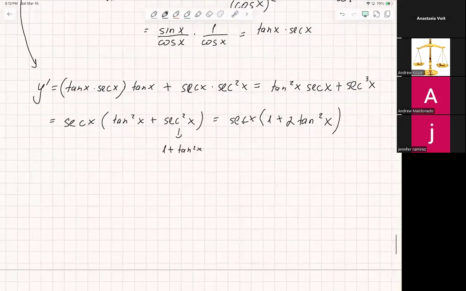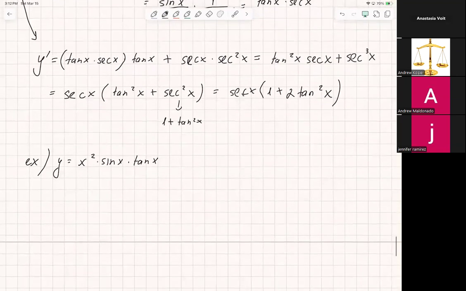Okay? And let's look at the last example probably, and then I can let you go. Okay, x squared times sine x times tangent x. Again, remember, now we have three terms, right? So we take the derivative of the first one, then for the second term, we have the derivative of the second one, and for the third term, we have the derivative of the third factor.